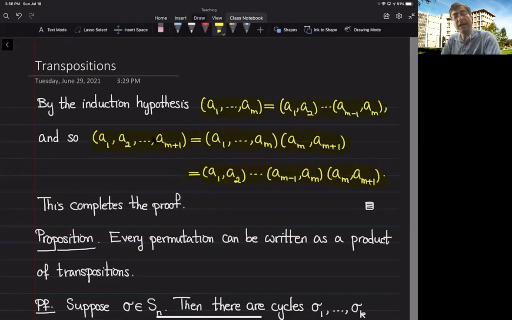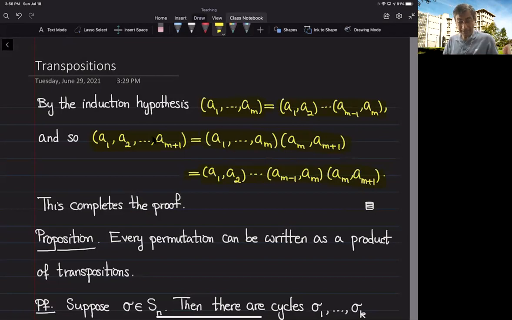So every cycle can be written as a product of transpositions. But we know, because of the cycle decomposition, every permutation, at least every non-identity permutation, can be written as a product of disjoint cycles. Now, every cycle itself can be written as a product of transpositions.